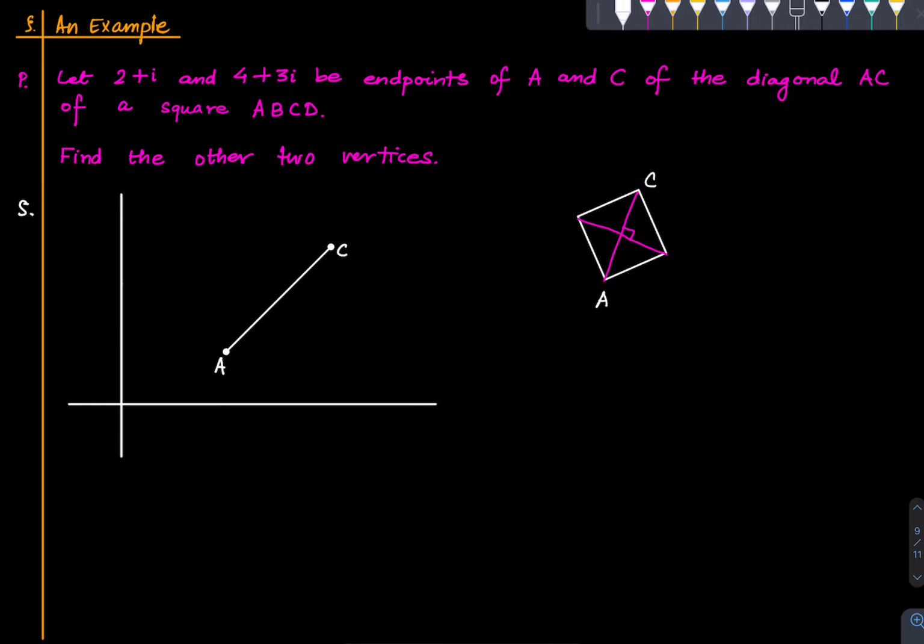So let's say the midpoint is M. And what is the midpoint? The midpoint is 2 plus I plus 4 plus 3I divided by 2, which is equal to 3 plus 2I, if my calculation is correct. I think it is correct. Okay, so that is M.